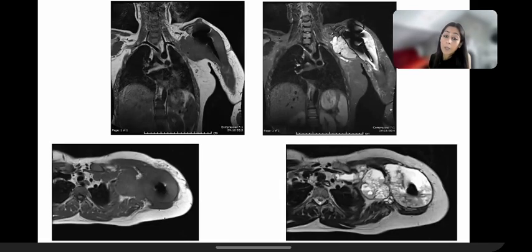It was proved to be a telangiectatic osteosarcoma, and they did an endoprosthetic replacement. So the patient was operated upon, and again, this tumor was absolutely nasty. It came back with a vengeance. Now, this is post operative imaging. You can see massive, massive recurrence, even extending along the subclavian vessels up to the base of the neck, and the patient expired a couple of months after.